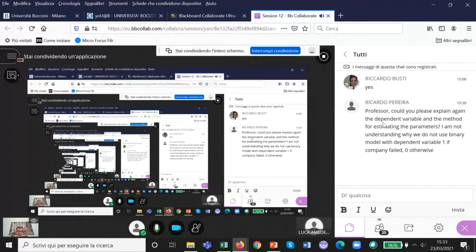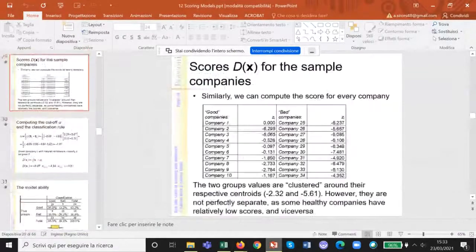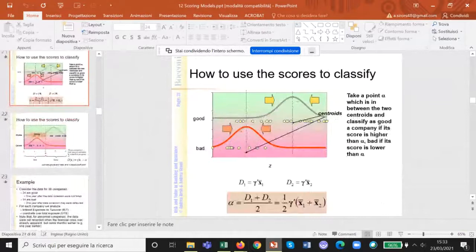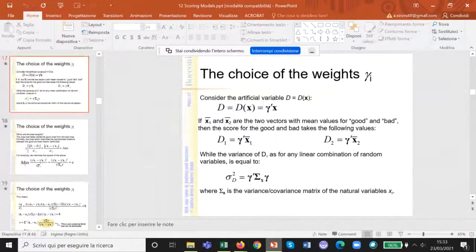Professor, could you please explain again the dependent variable and the method for estimating the parameter? I'm not understanding why we do not use a dependent variable of 1 for company fails or otherwise. Okay, so the question is, in deciding what the weights are, so what the coefficients are, why don't we simply use a kind of regression model whereby the dependent variable is either 0 or 1, i.e. whether it defaulted.